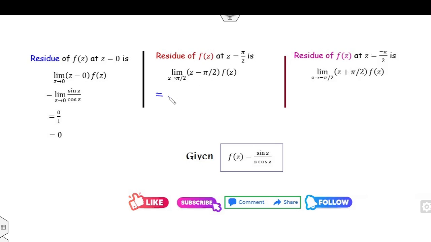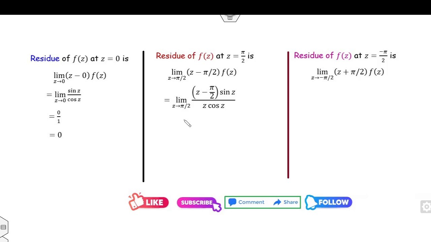Similarly, for the second case, I can substitute the values. Limit as z approaches π/2 of (z - π/2) times sin z divided by z cos z. Now clearly, if you substitute π/2, cos(π/2) is 0. It is a 0 by 0 form. Once it is a 0 by 0 form, I can apply L'Hopital's rule.